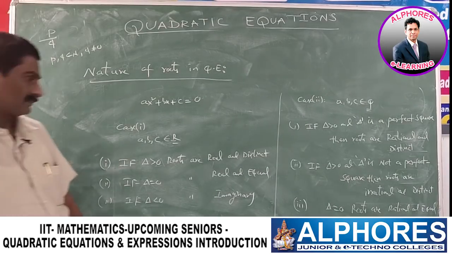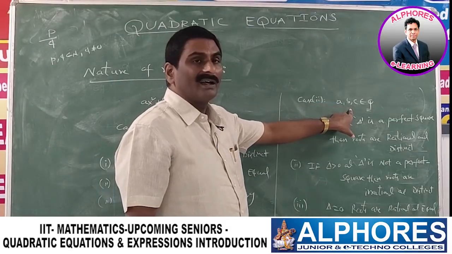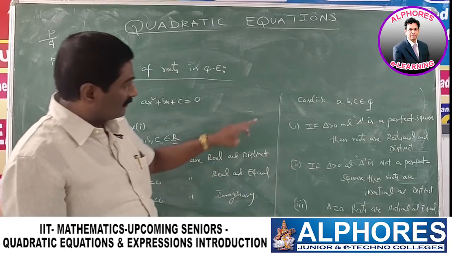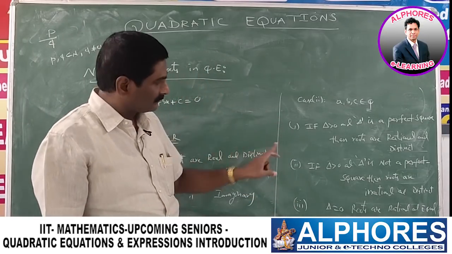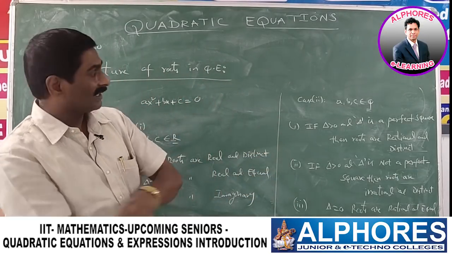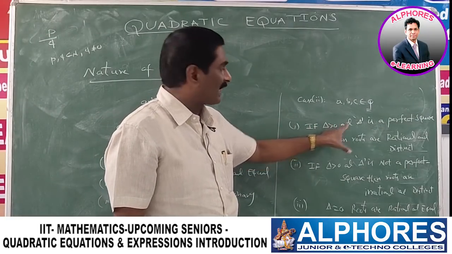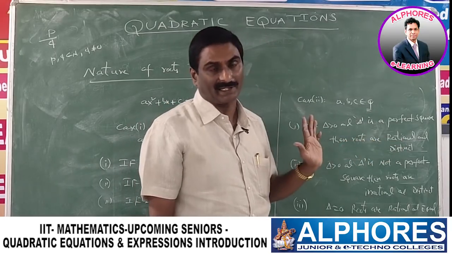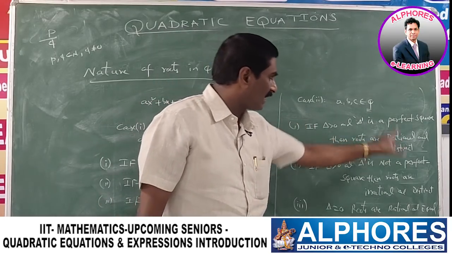Okay, next. If a, b, c are rational numbers, that means it can be written in the form of p by q, then we get four possibilities. If delta greater than 0 and delta is a perfect square, then the roots are rational and distinct.